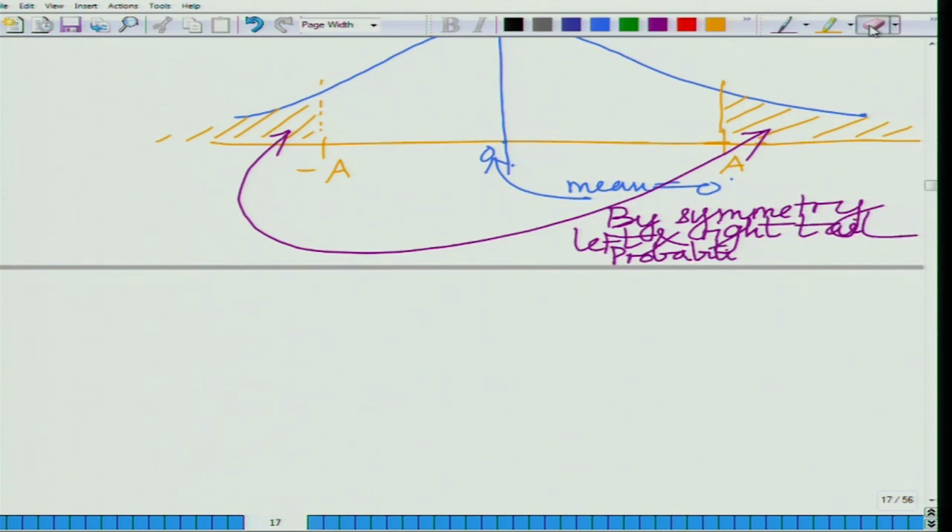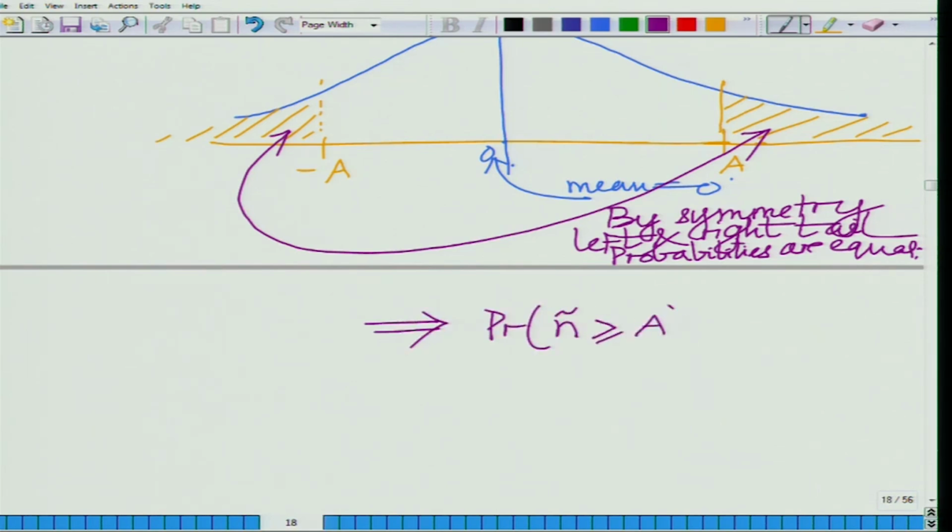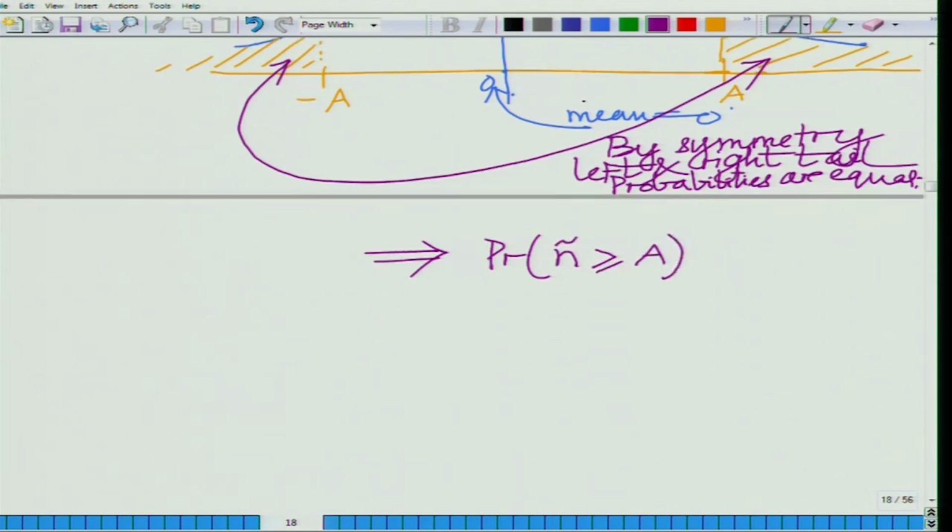The left and right tail probabilities are equal. Therefore, this implies that the probability n tilde greater than or equal to A, well, of course, I should not say they are exactly equal, because you have that one point A, but that probability is 0.